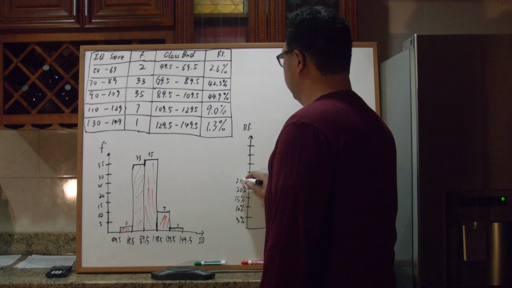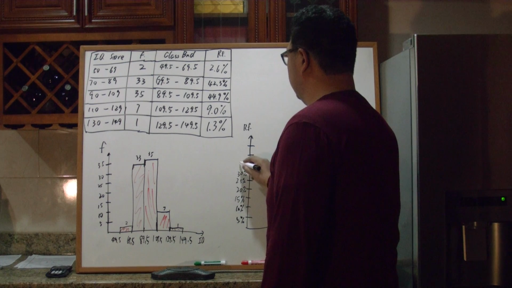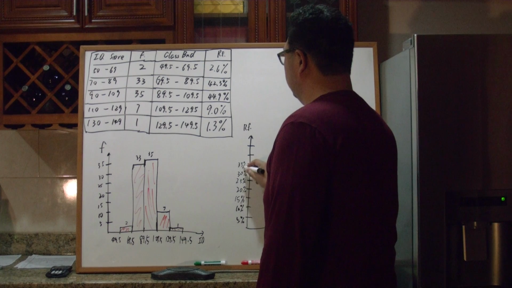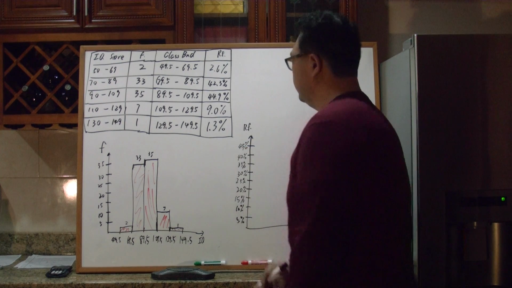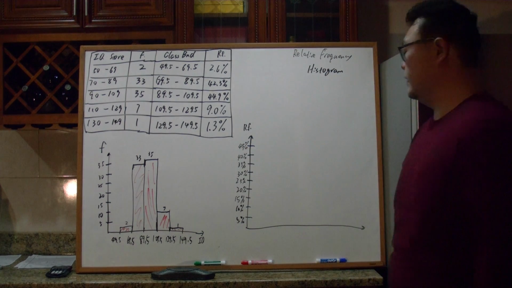As the gap of 5% in each, we could go up to 45% as the relative frequency on the vertical scale.